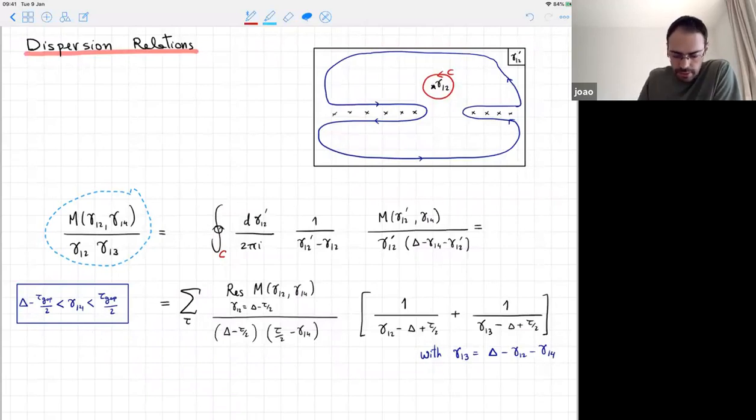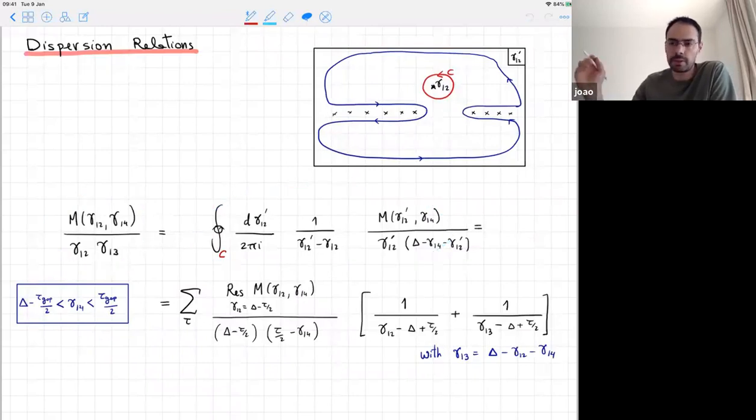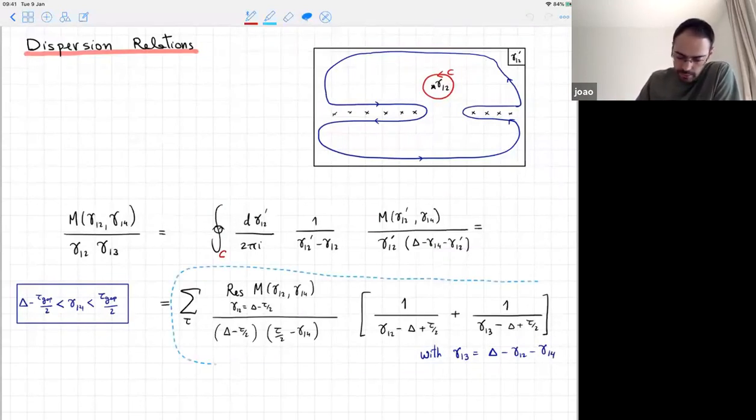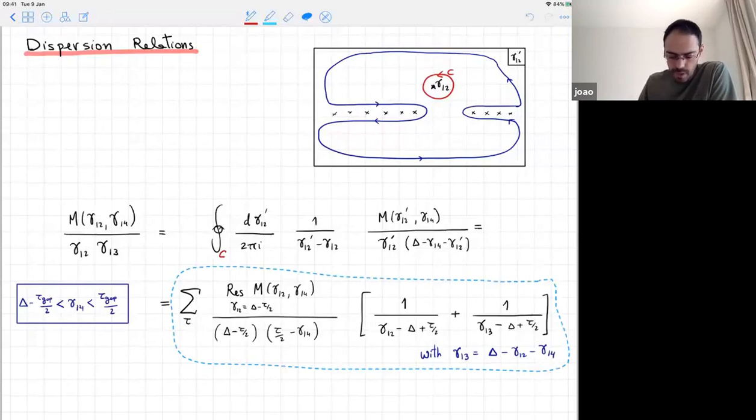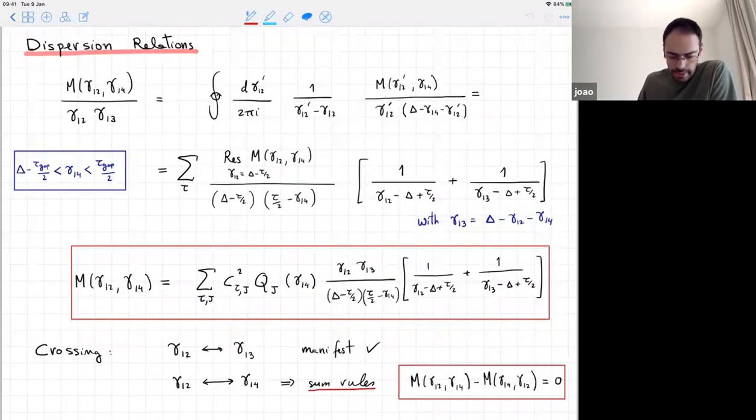And now I just write the Cauchy representation with some contour C, like I show in this picture, and then I blow it up and I pick the contribution from all poles. So the poles are OPE poles, and there are poles in gamma 2 and gamma 3. Gamma 4 is kept fixed, so you don't see poles in that. And that's the formula you get. This residue of the Mellin amplitude we know we can express in terms of Mack polynomials. And the final formula is the formula you see here in red.